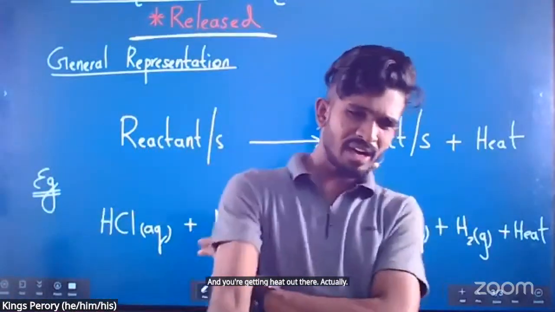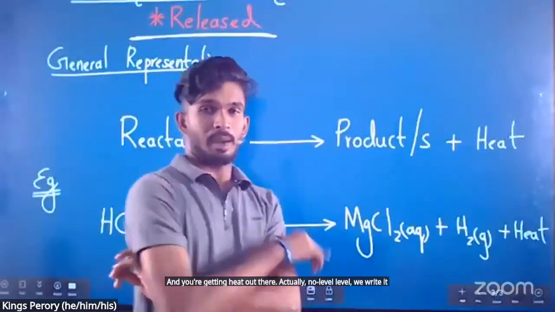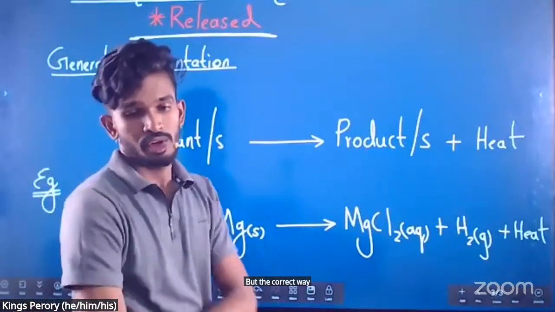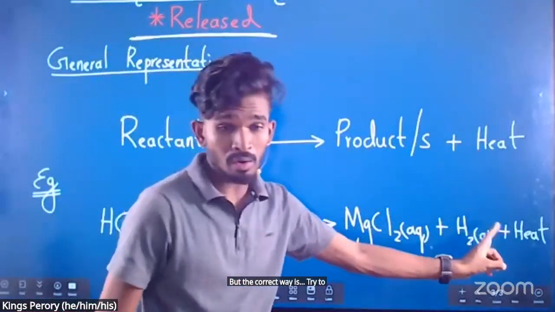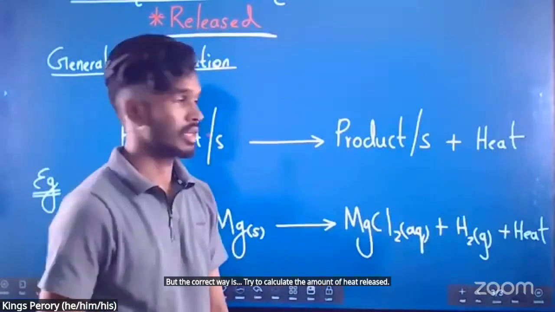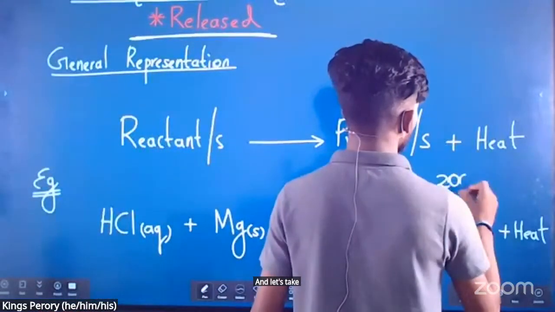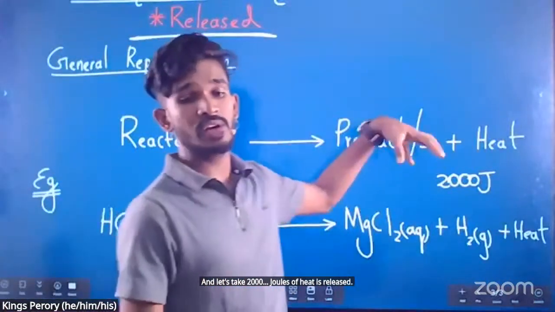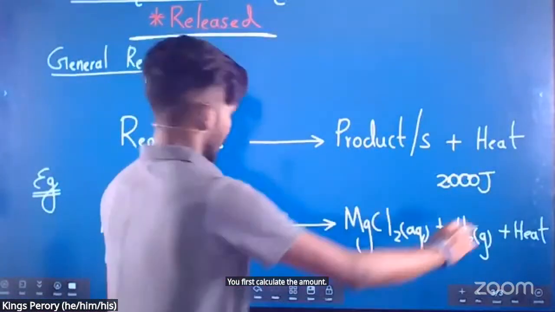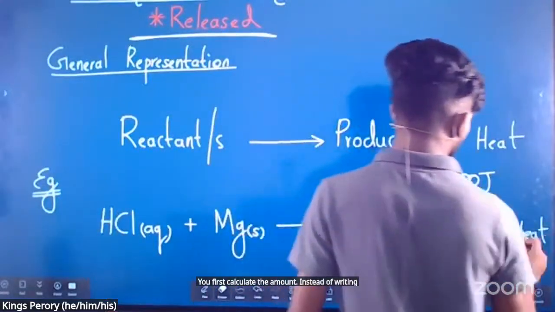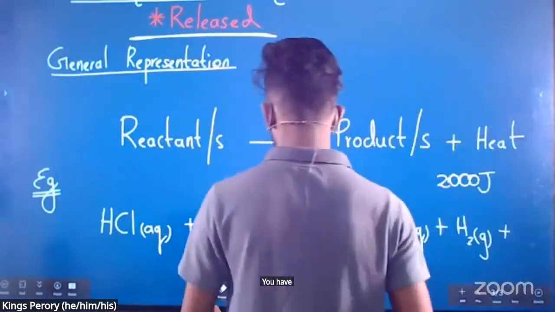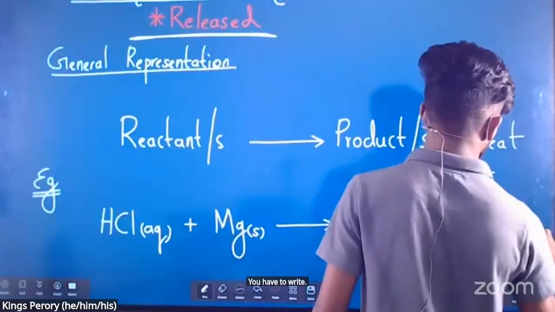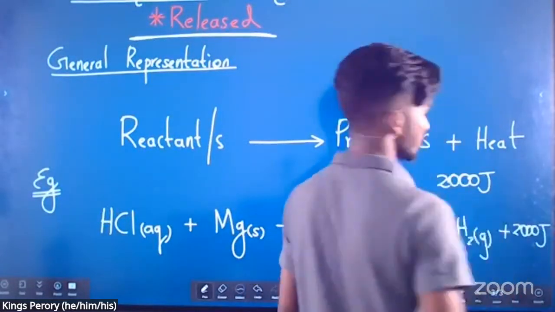Actually, in O-level, we write it like this. But the correct way is, you have to calculate the amount of heat released. Let's take 2000 joules of heat is released. You first calculate the amount. Instead of writing just heat there, you have to write 2000 joules.